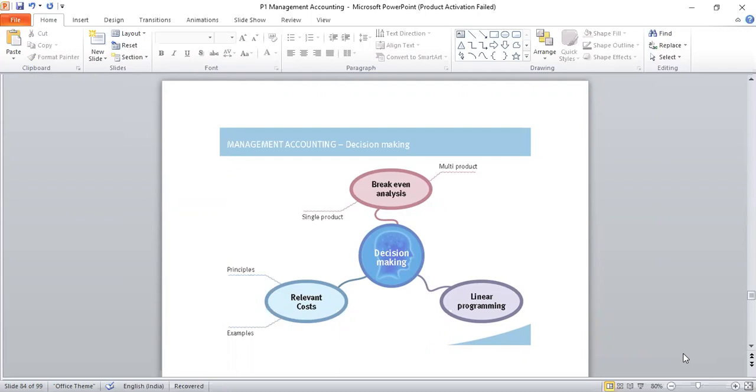In cost accounting, we take it up with the limiting factor analysis or key factor analysis. But if there is more than one constraint or scarce resource, we use linear programming.